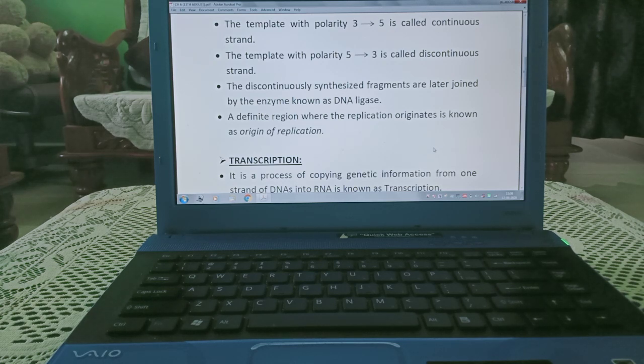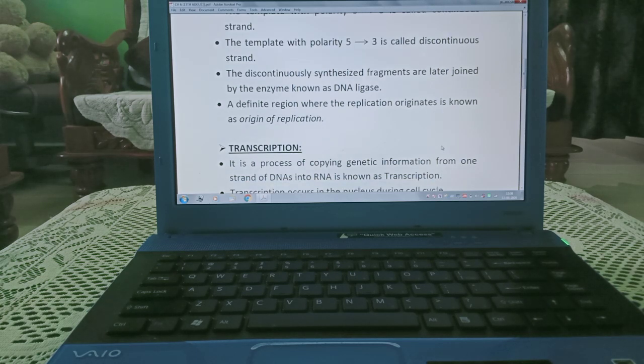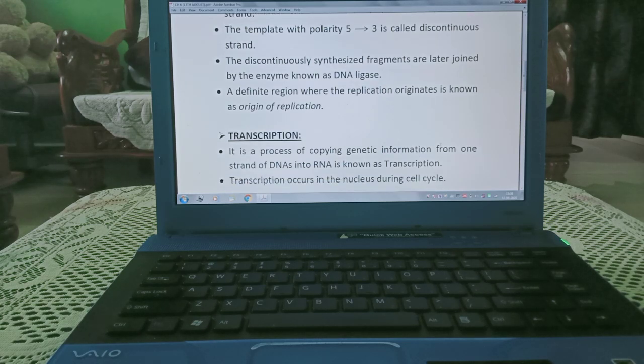The discontinuously synthesized fragments are later joined by the enzyme known as DNA ligase. A definite region where the replication originates is known as the origin of replication.